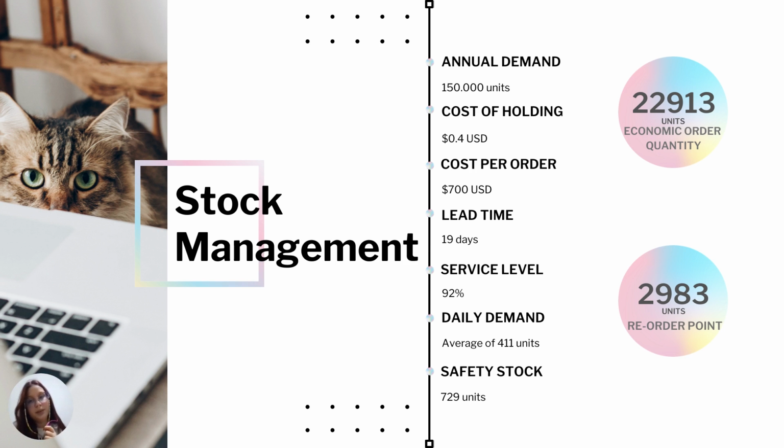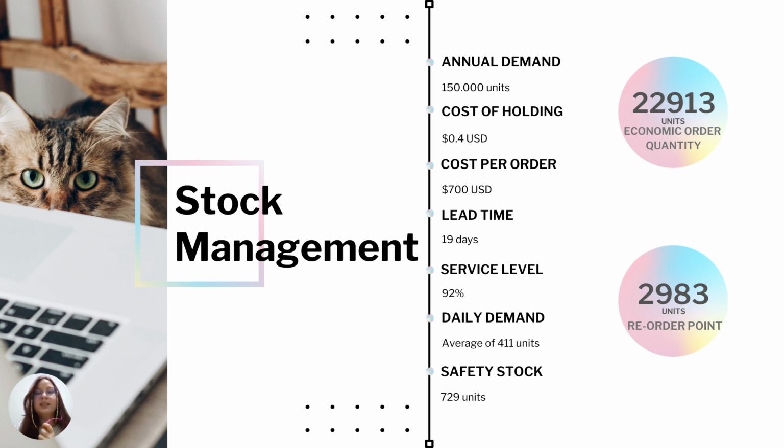We have an annual demand of 150,000 units, which have a cost of holding of 4.4 cents per unit, and a cost per order of $700. On the other hand, a lead time of 19 days, a service level of 92%, an average of 411 in the daily demand, and a safety stock of 729 units.